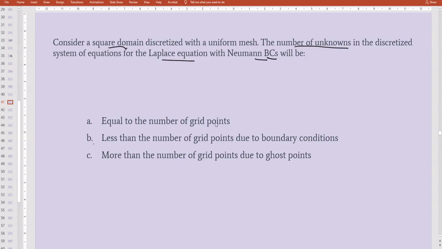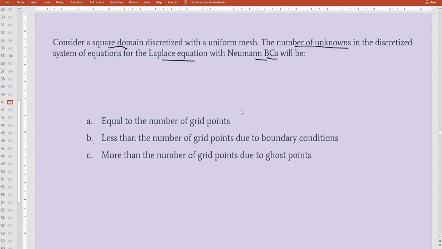Here the first option is that it should be equal to the number of grid points. It won't be equal to the grid points.